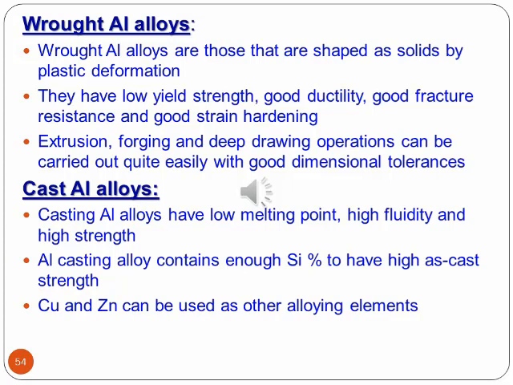Casting aluminum alloys have low melting points, high fluidity and high strength. Aluminum casting alloys contain sufficient silicon percentage to have high as-cast strength. Copper and zinc are used as other alloying elements.